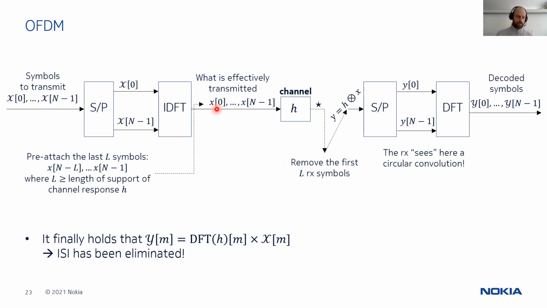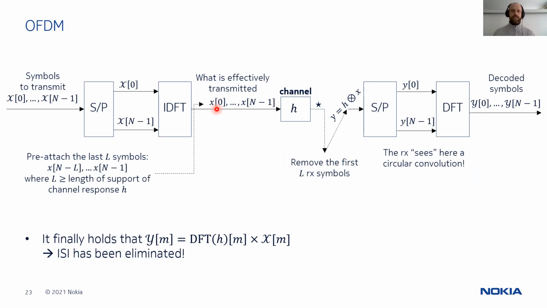So from convolution to circular convolution, actually it's a very simple trick. You basically fool the receiver. You let the receiver see something that has not really happened, almost.